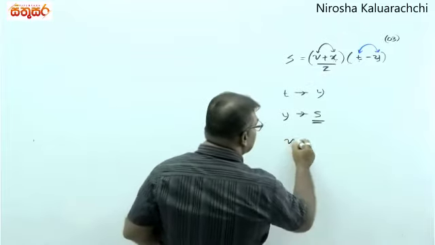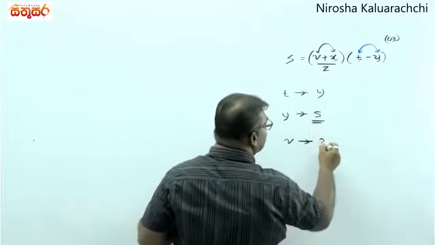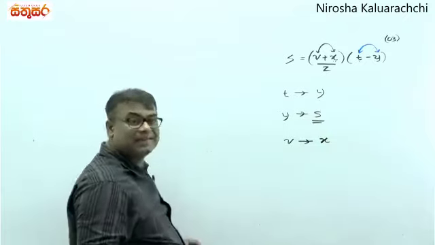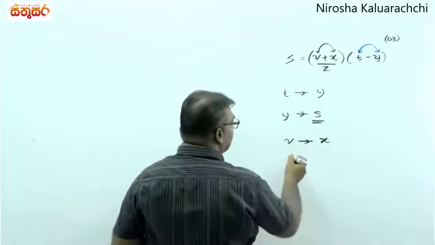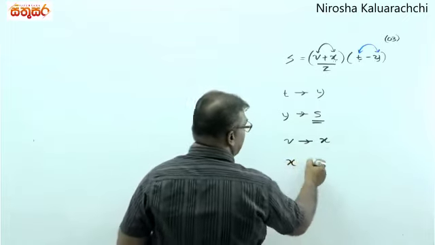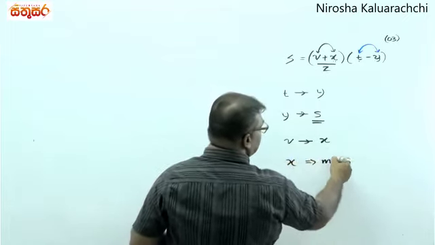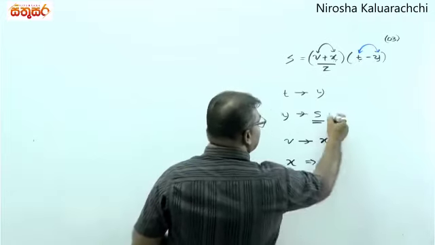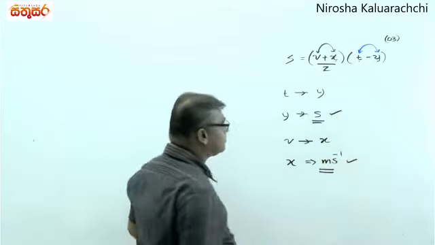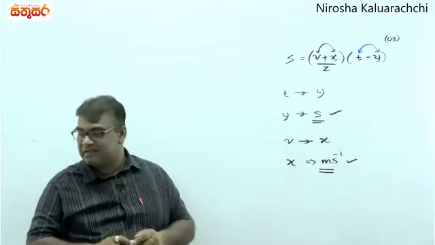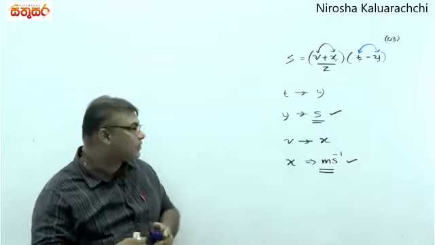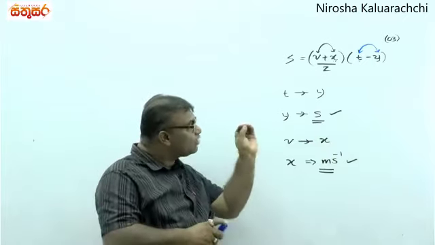Then v is similar with which one? Clear? Yes. Then v is similar with x, so x is m s^-1. Here seconds, here velocity. Got it? Yes, very easy, no?